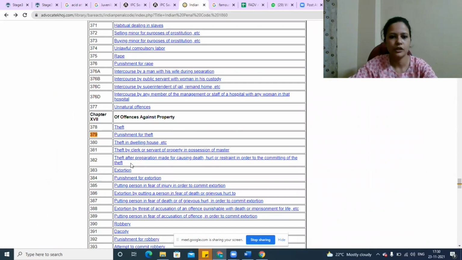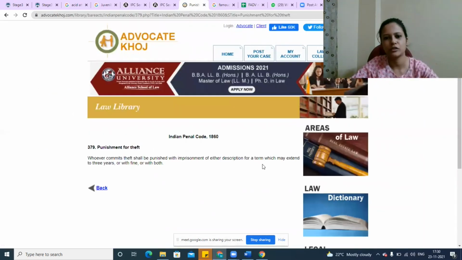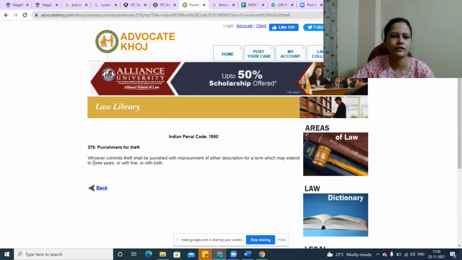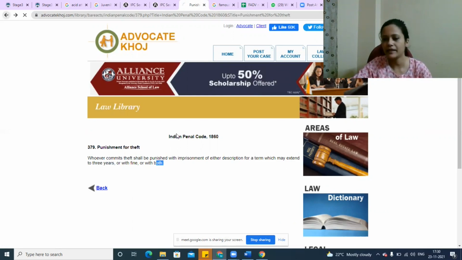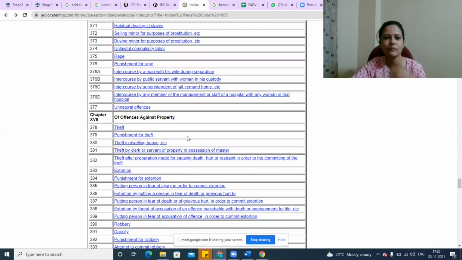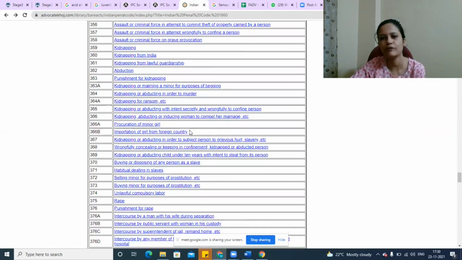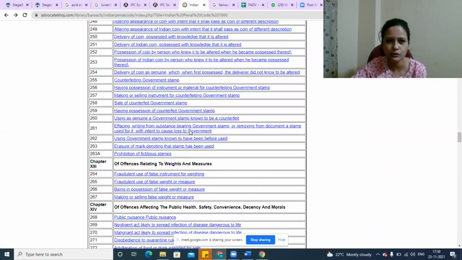Take for example theft. Punishment is given that it may be up to 3 years of imprisonment or fine, or some imprisonment plus fine.